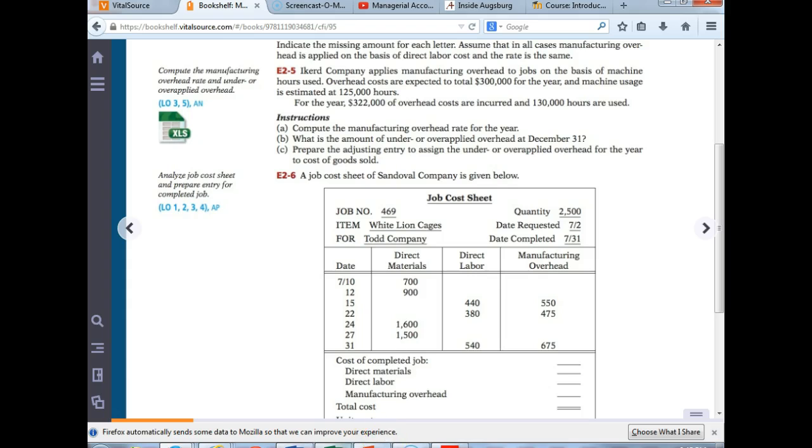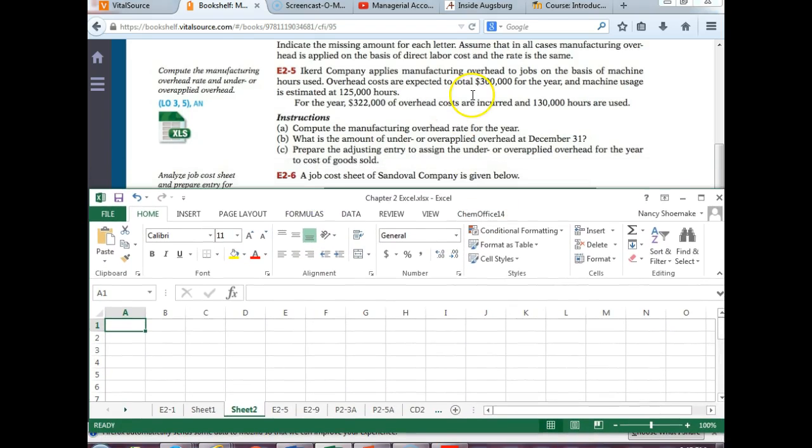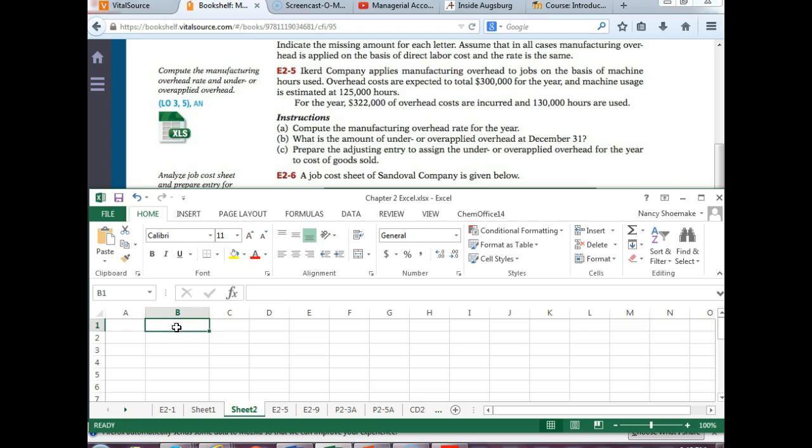In doing this, won't we take 300,000 divided by 125,000 machine usage, right? Yes, no? So, estimated manufacturing overhead, estimated machine hours.